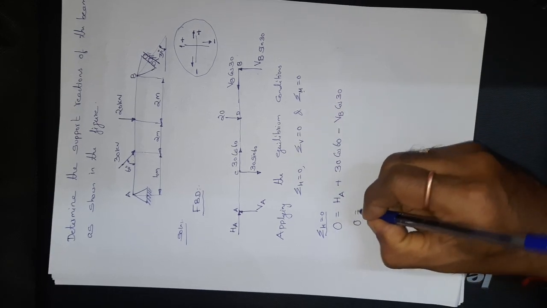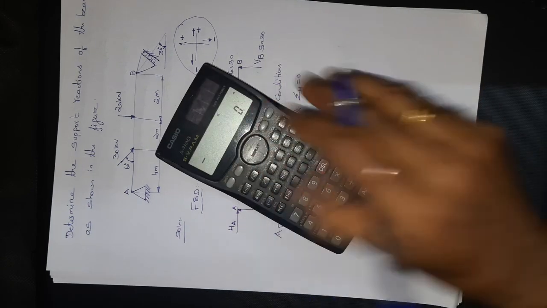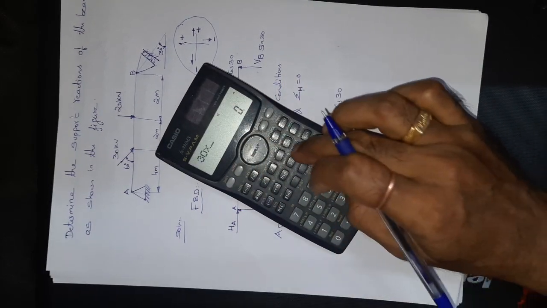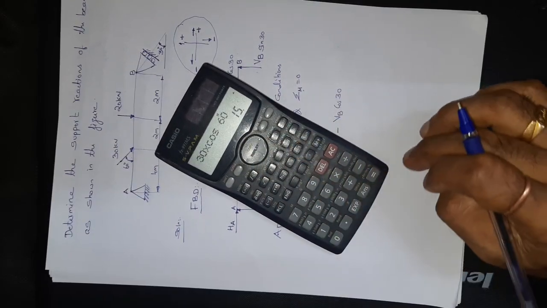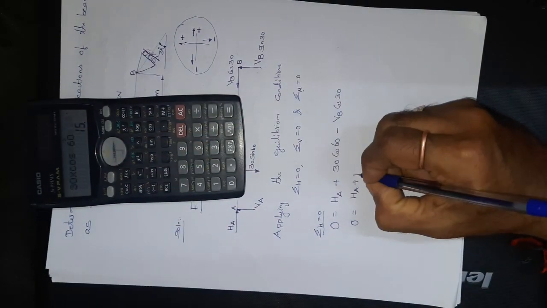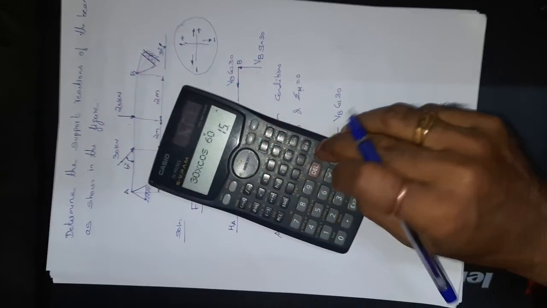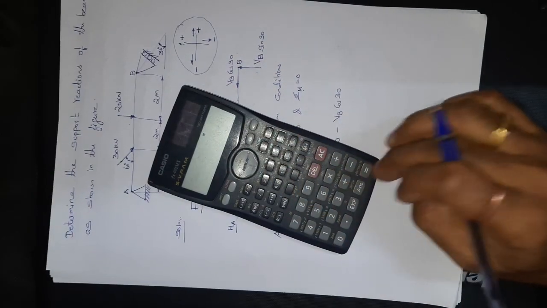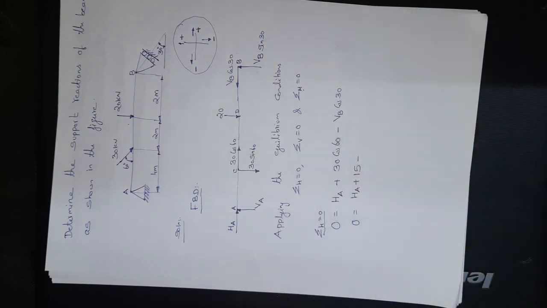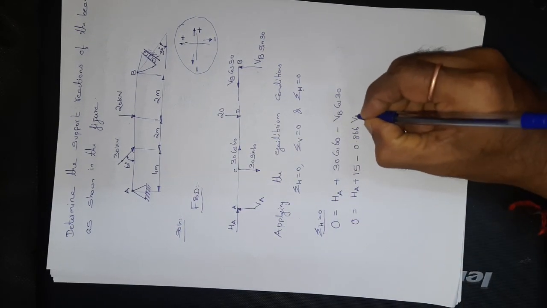So 0 equal to HA plus 30 into cos 60, which is equal to 15, minus VB cos 30, equal to 0.866 VB.